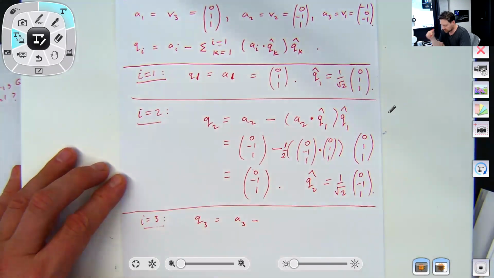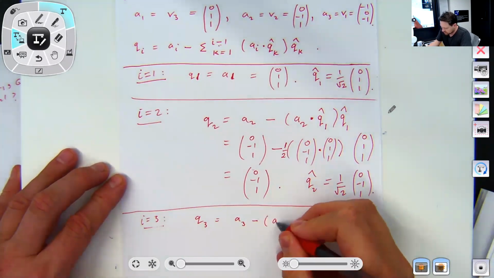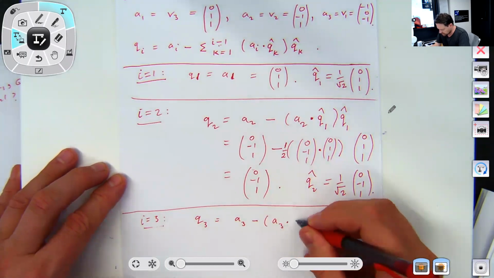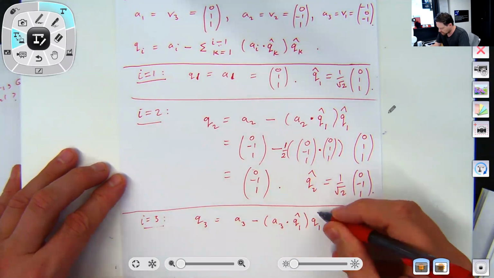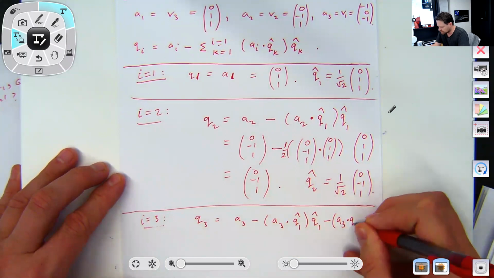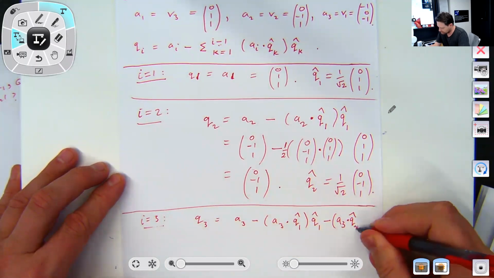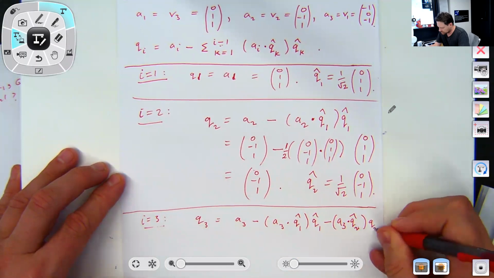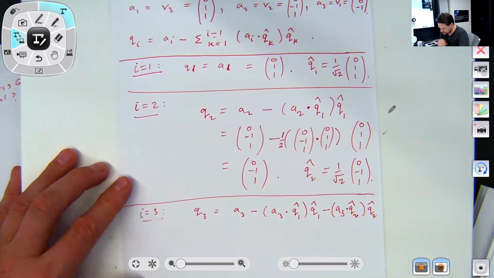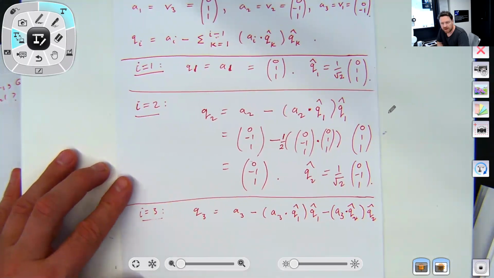Okay, so let's just put these in. A3 dot Q1 hat, Q1 hat, and then minus A3 dot Q2 hat, Q2 hat. Okay, good. And now we just need to sub in the values.